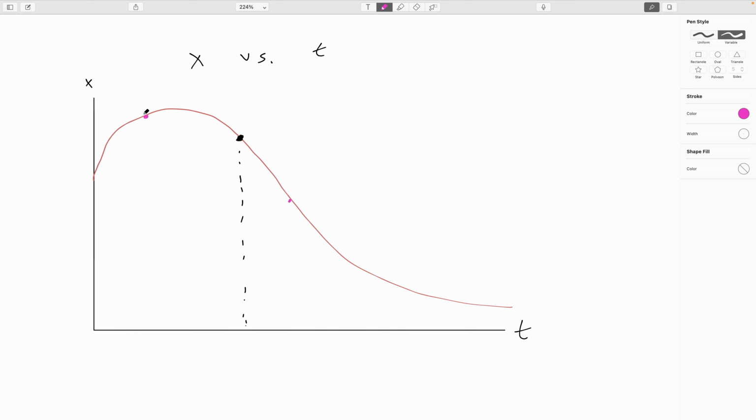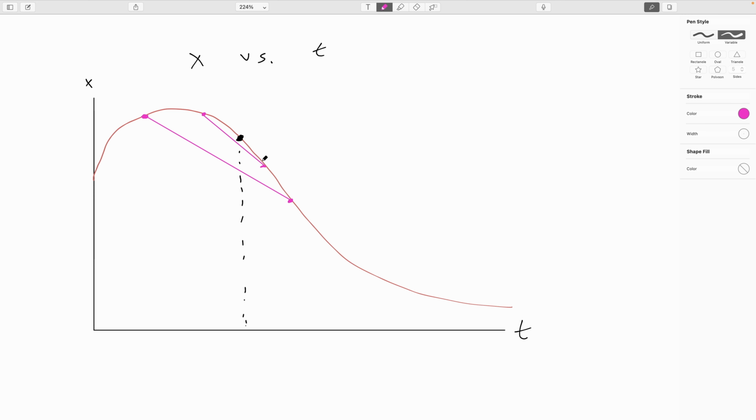And then when we took the displacement over the time, that was the slope of this line segment right here. And then I could imagine doing this over a shorter time interval, say this one right here.